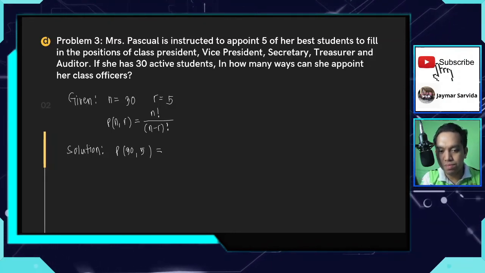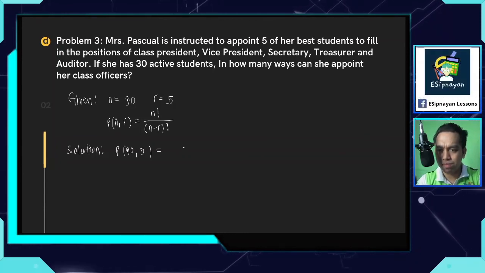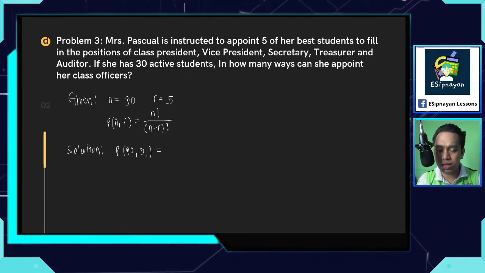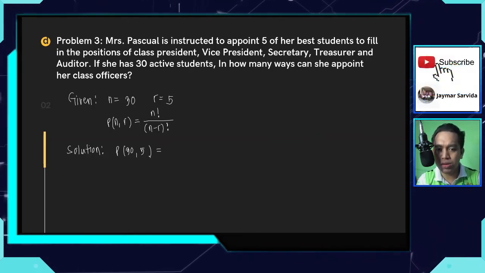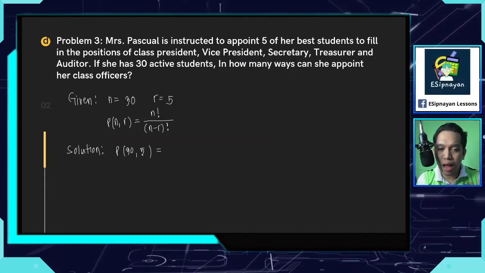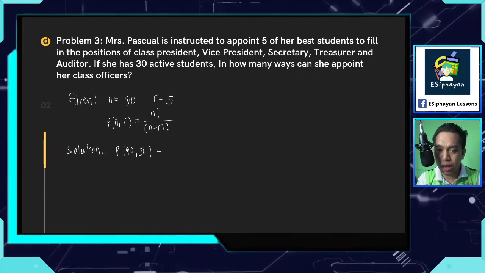So dito, pwede nating hindi na i-step by step yung ating formula. So this one can be considered also as taking 5 consecutive factors starting with 30 in descending order. Okay? Now, pwede ring multiplying 5 consecutive numbers starting with 30 in descending order.